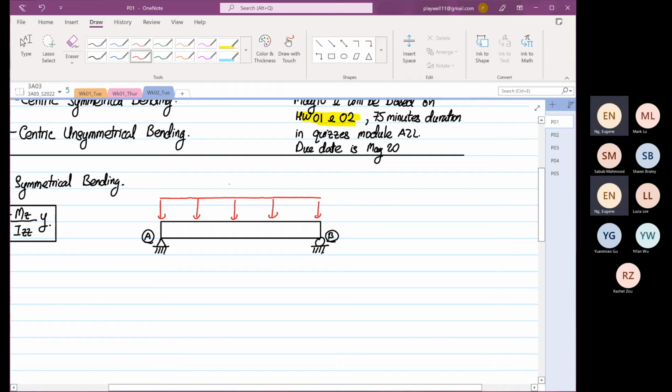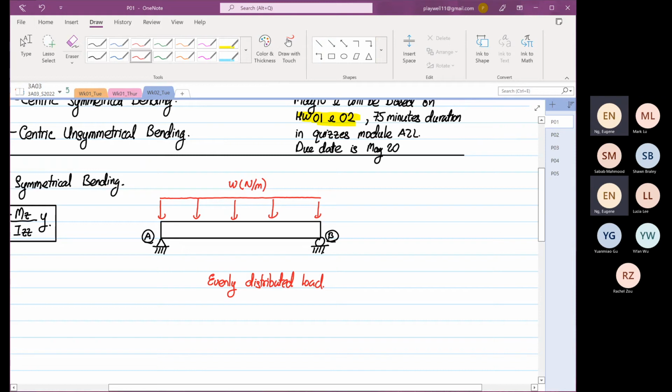So you can see you have omega Newton per meter. We classify this as an evenly distributed load.